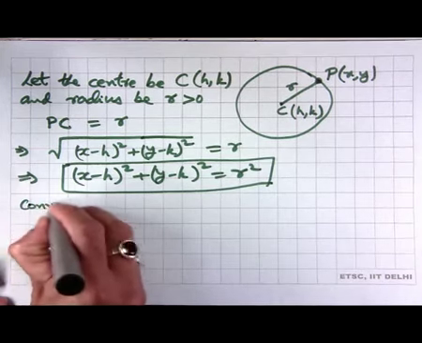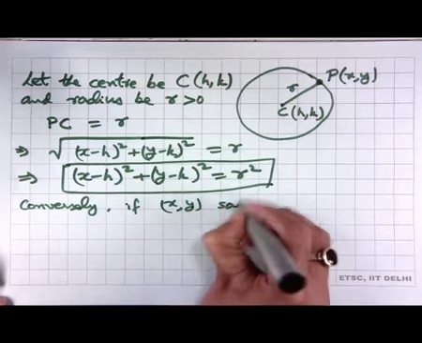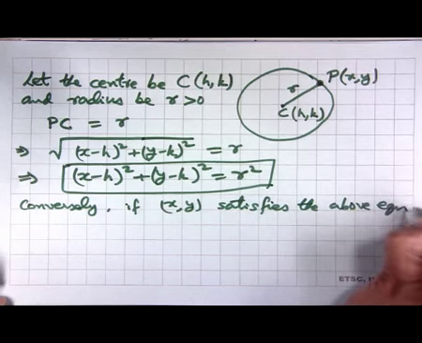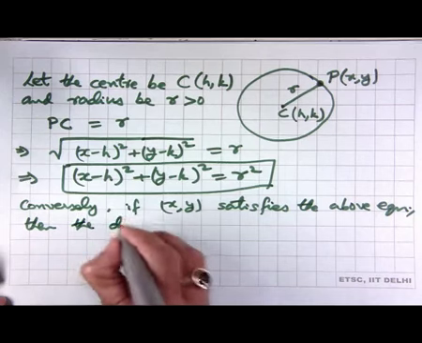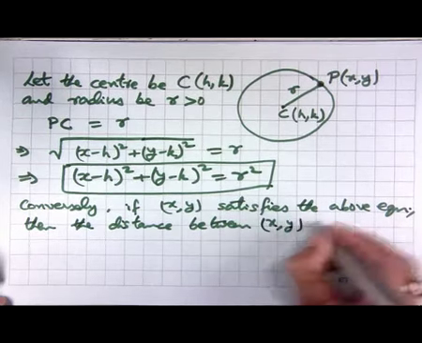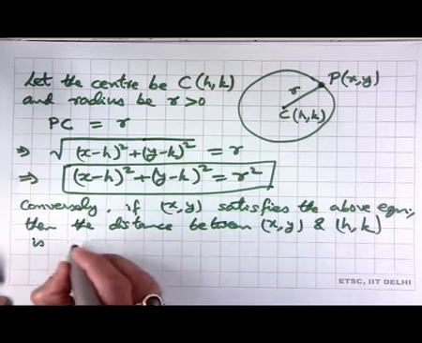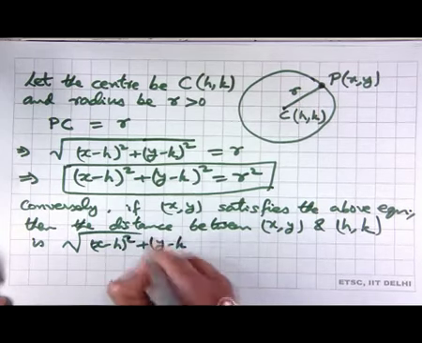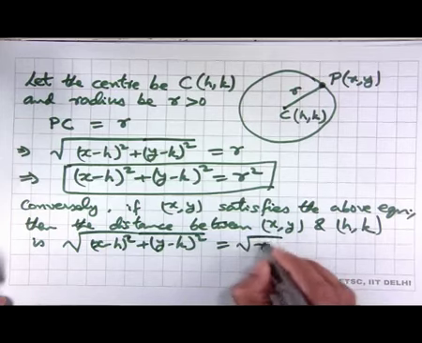Conversely, if x comma y satisfies the above equation, then the distance between x comma y and the center h comma k is the square root of (x minus h) square plus (y minus k) square, which by this equation is equal to the square root of r square, which is r.